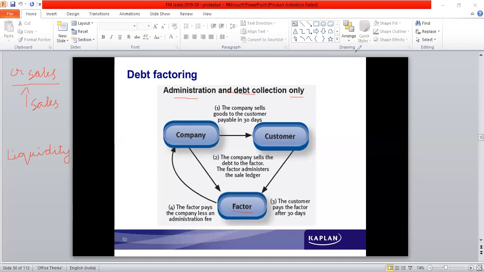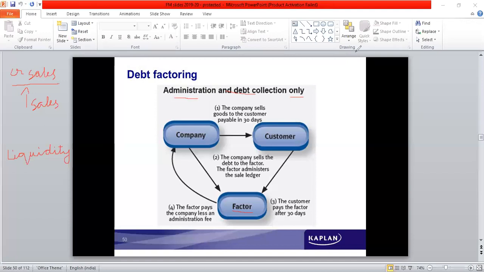If the company enters into an agreement with the factor stating that it is with recourse, the uncollectible amount also will be transferred to the company by the factor. The factor will transfer the responsibility, the liability, to the company. So the company will bear the loss and account for that as uncollectible.